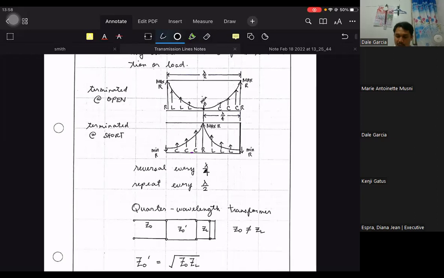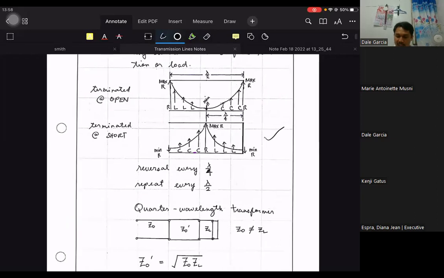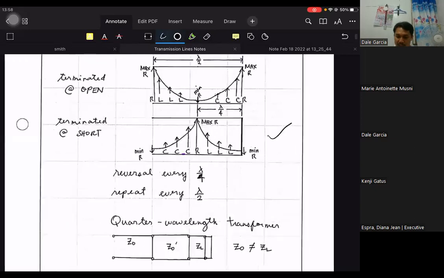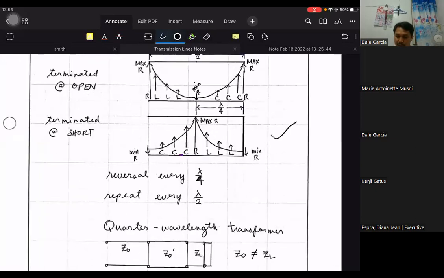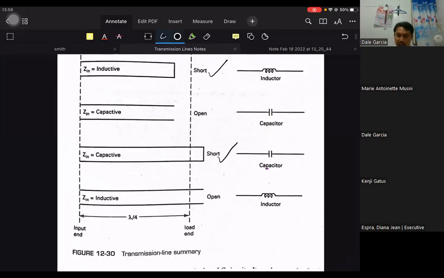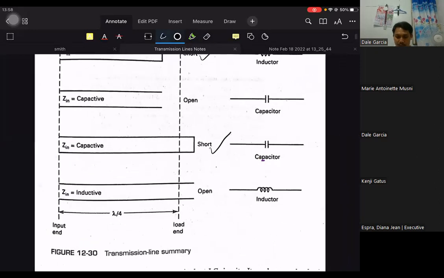These visuals are the same, just more generalized than the previous page. This dotted line represents an electrical length of lambda over 4, or 1/4 the wavelength.